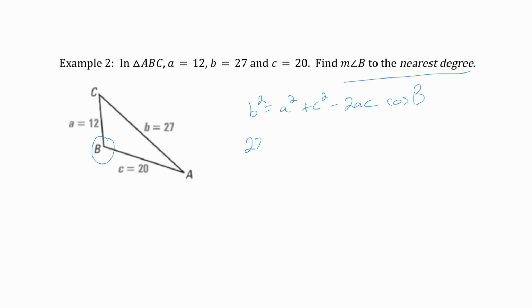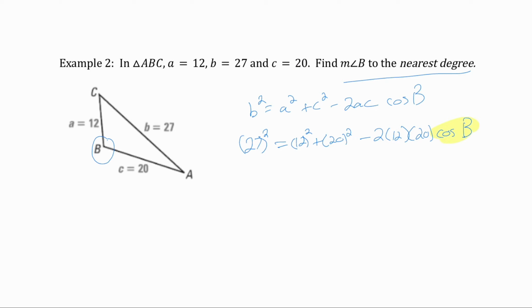So we have 27 squared equals 12 squared plus 20 squared minus 2 times 12 times 20 times the cosine of angle B. Now, this is the tricky part because ultimately our goal here is to find this piece over here, the cosine of angle B.